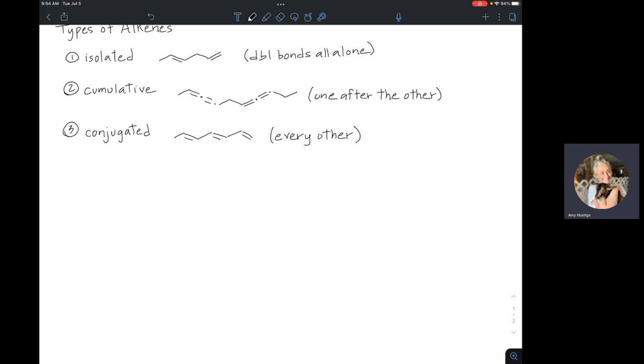With alkynes, we have a similar situation, but we have triple bonds instead. So this is going to be at least one triple bond between two carbons. Your carbon is sp hybridized.